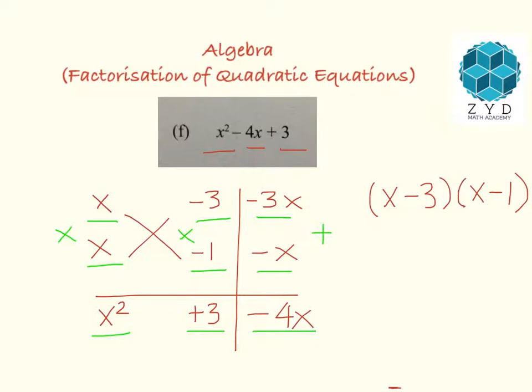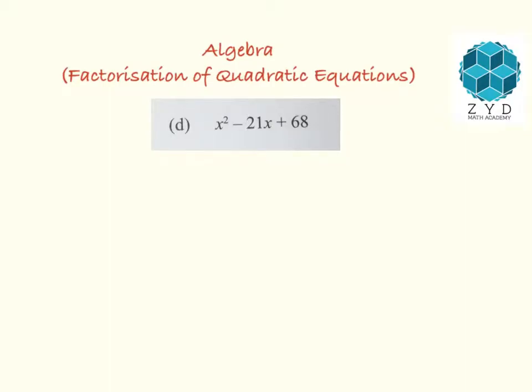Basically the factors are obtained from all these terms. These are your factors: x minus 3, x minus 1. So this is how we do the factorization of quadratic equations.